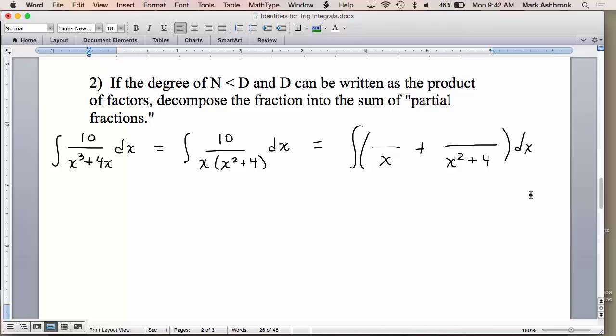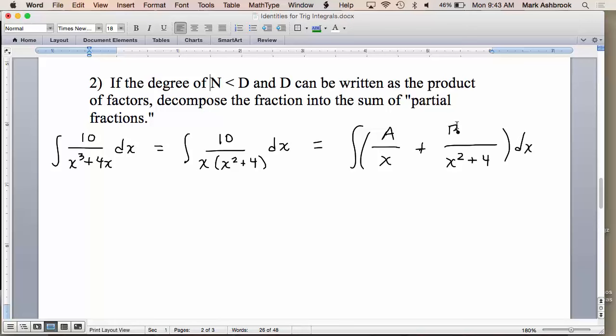So what's 1 degree less than x, or a linear term? Just a constant. What's 1 degree less than a quadratic? Power 1, right? 1 degree less than power 2 is power 1, or linear.